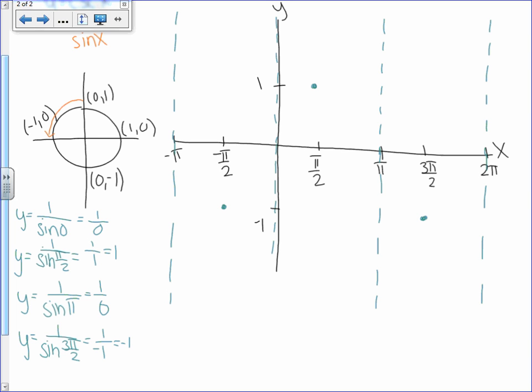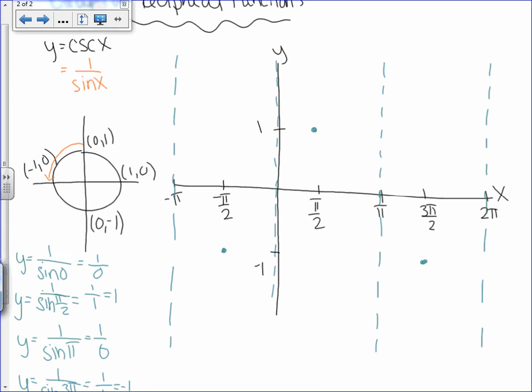So if you think of cosecant, that has sine in the bottom. So my numerator is 1. It stays 1, but my denominator keeps getting smaller and smaller and smaller as I go from pi over 2 to pi. 1 divided by something that's getting super, super small is super, super big. So as I go from pi over 2 to pi, I keep dividing by something that's super tiny, so this shoots up to infinity.